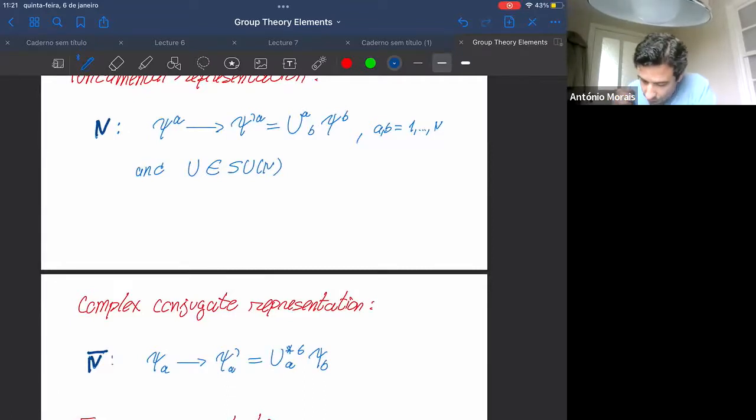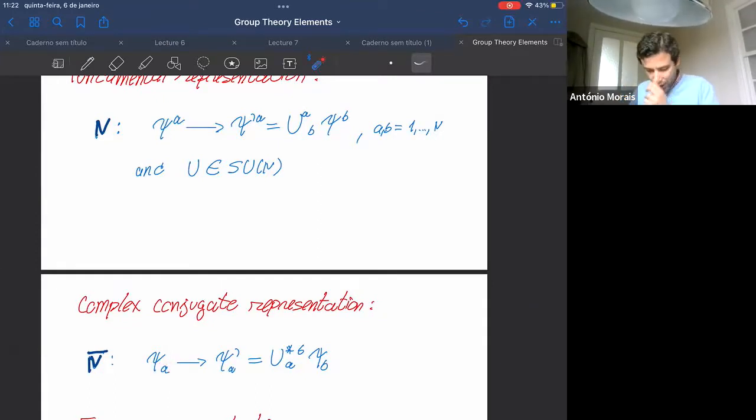We define the complex conjugate representations with the indices in the lower part of the field. So fundamental indices are upwards, and anti-fundamental indices are lowered.